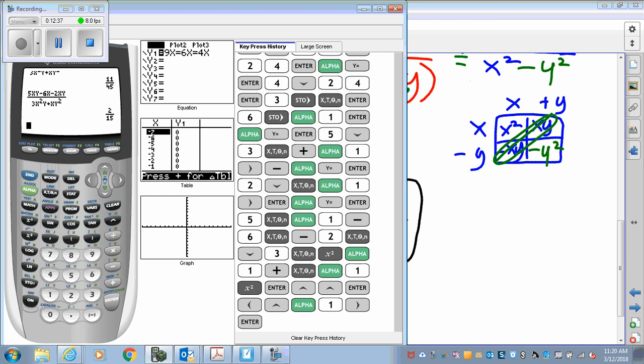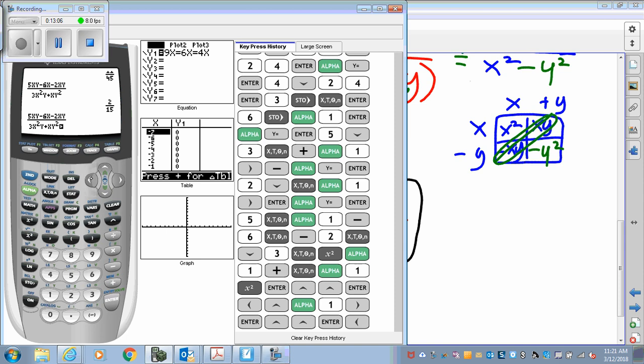Let me make sure I got the bottom right. Oh lordy. Okay, this is a record: 3 mistakes on 1 page. It's probably not a record, but do you see here, I'm going to go up there, and I've got 3x squared y plus xy squared. Oh, that is true. That's what that's supposed to be. 5xy minus 6x minus, oh no, it's just supposed to be 2y.